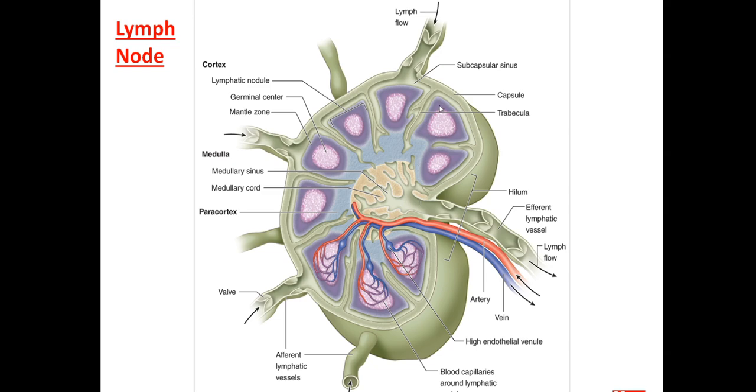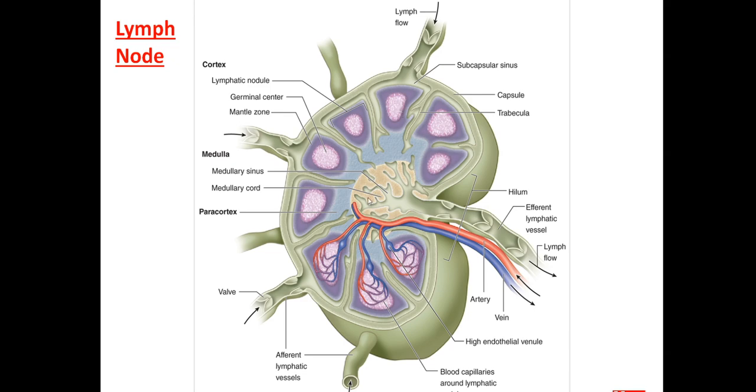The lymph node is divided into an outer layer, the cortex, which represents the arrangement of aggregated lymphocytes. This is a lymphatic nodule, an aggregation of lymphatic nodules, with an outer marginal zone surrounding the lighter germinal center.